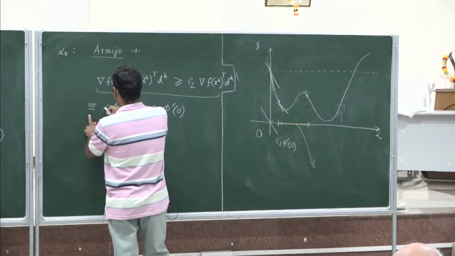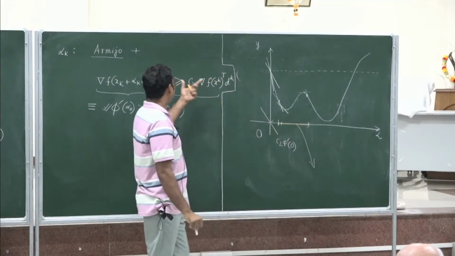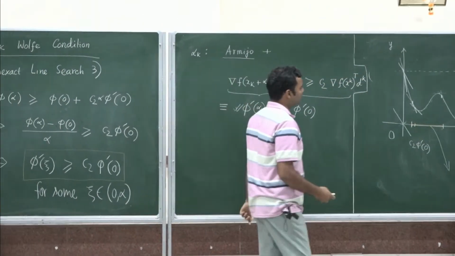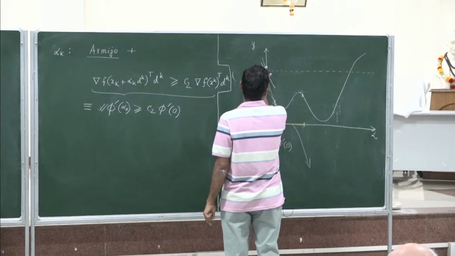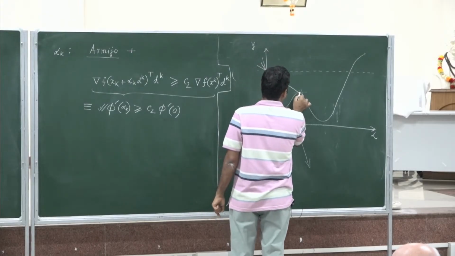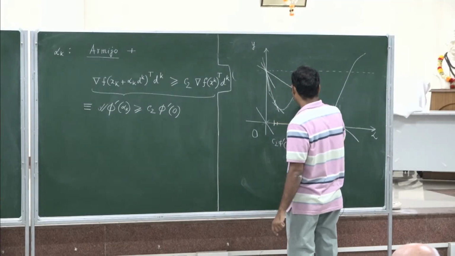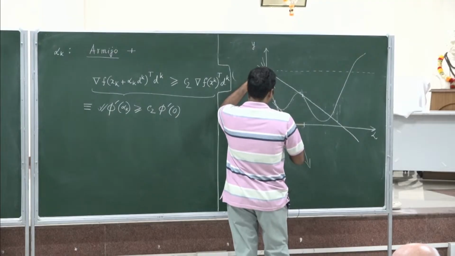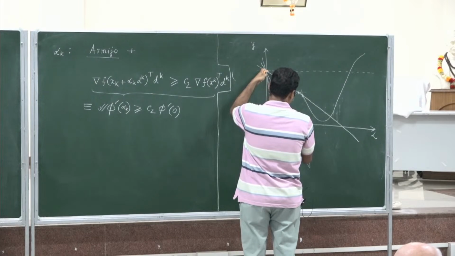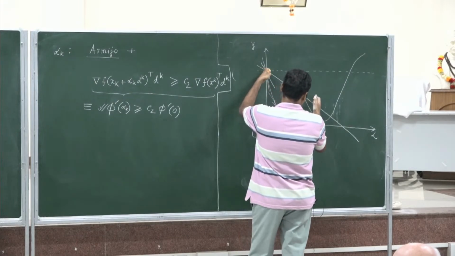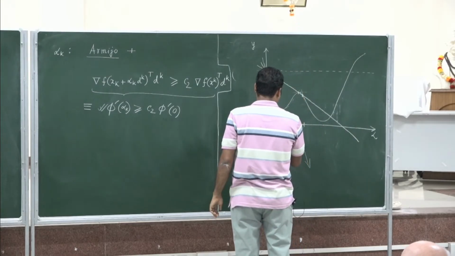But this is only the acceptable region for the Wolfe condition. We have to consider the intersection of the region of the Wolfe condition as well as the Armijo condition. The Armijo condition was this one. Maybe we consider this one, and then the intersection is below this region, starting from 0 till this part, and later starting from here to the right-hand side. The intersection region will be this much region.